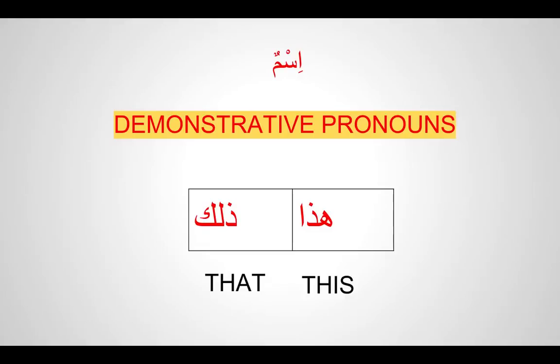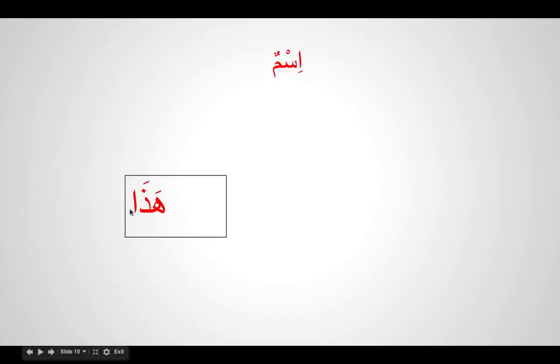So we'll be beginning with hadha. So if you see here, how do we write and how do we pronounce? We write hadha like this. You see, it's a short sound, it's not a long sound, but we pronounce this as hadha.